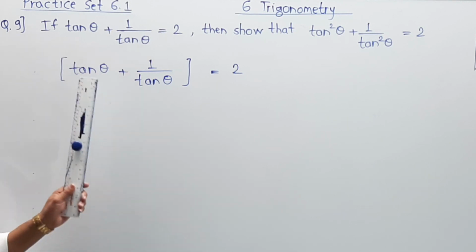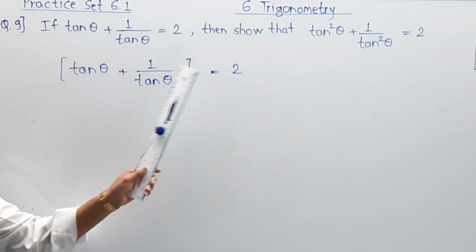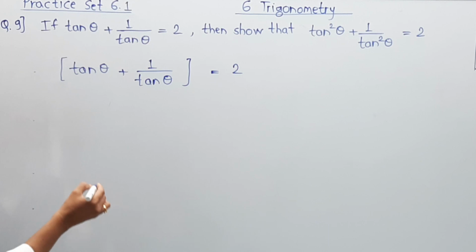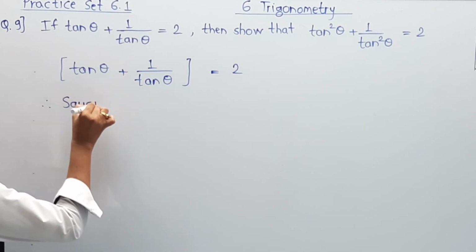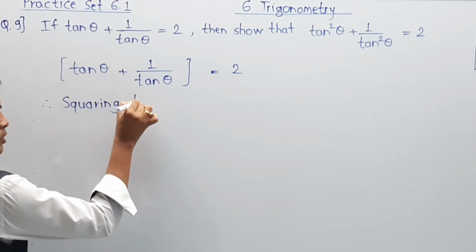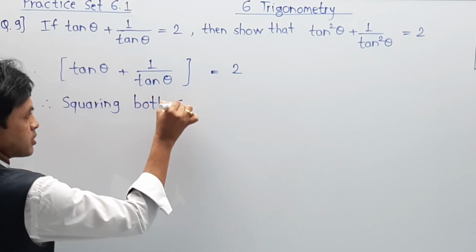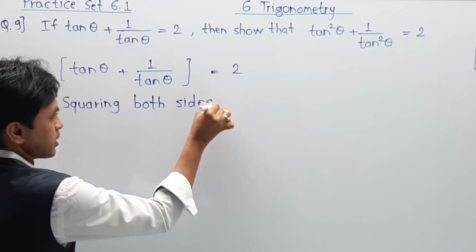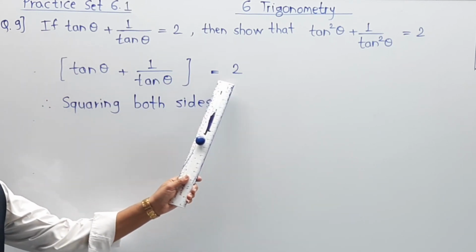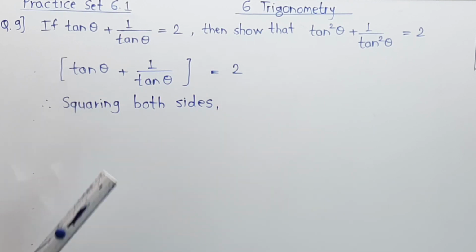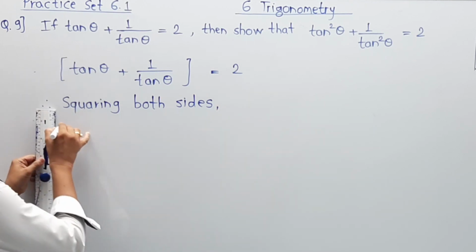Now as we need a square of LHS, I am going to square both sides. I am going to make a square of LHS as well as a square of RHS.